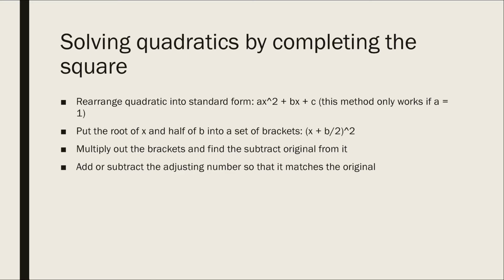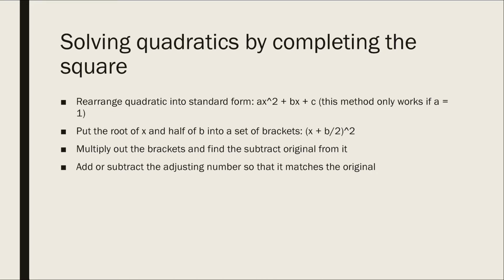Because whenever it's a plus b whole squared, it becomes a squared plus 2ab plus b squared. Sorry if that confused you guys a bit, but yeah, that's the essence of it.